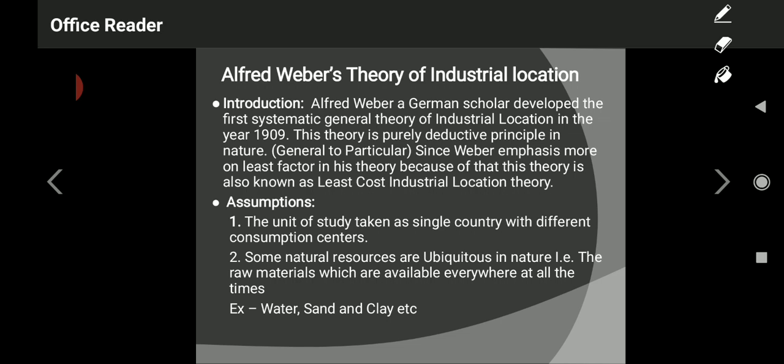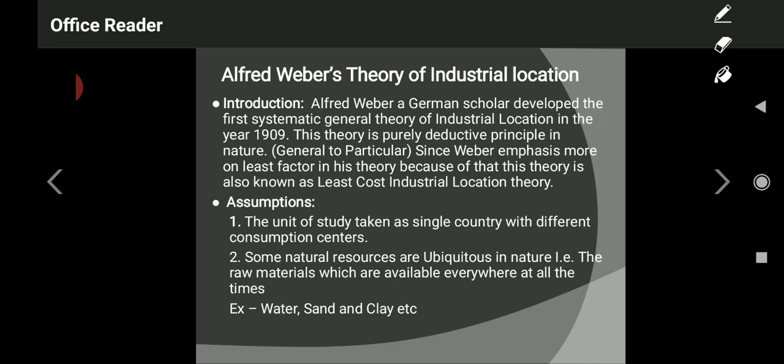Karnataka is the biggest state; in Karnataka, where you are going to start the location is another question in front of you. Suppose, for example, Belgaum district you have selected.